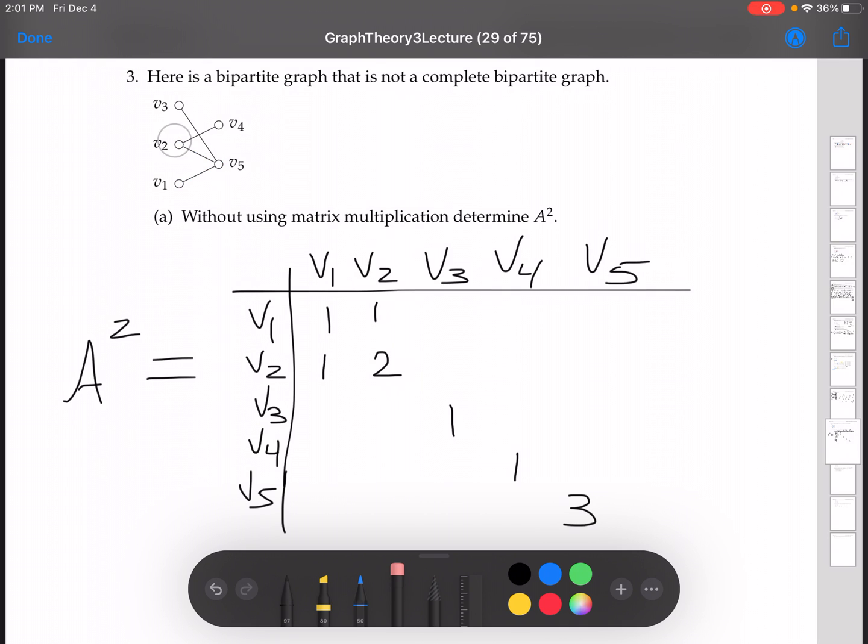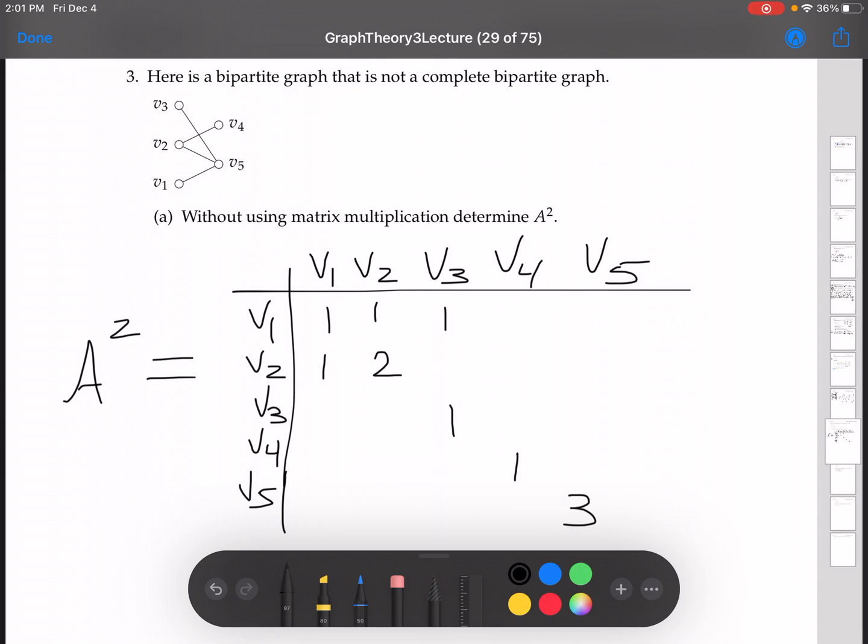All right, now V1, V3, the number of two edge walks from V1 to V3. Let's see, you got this one there. So just one of them there. The number of two edge walks from V1 to V4, there are none, right?